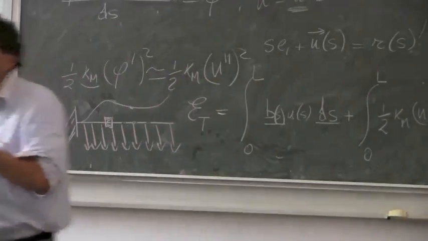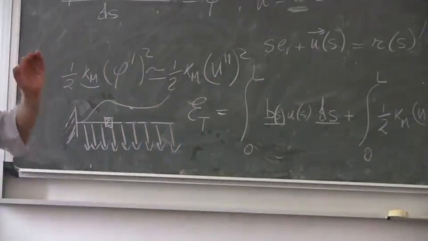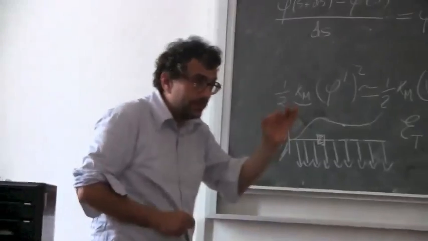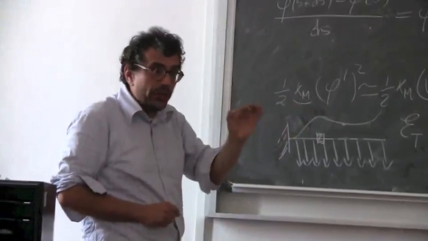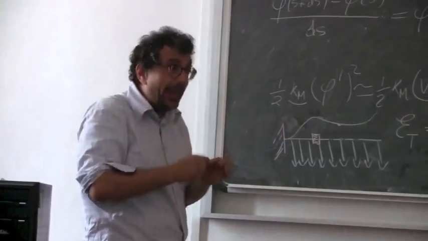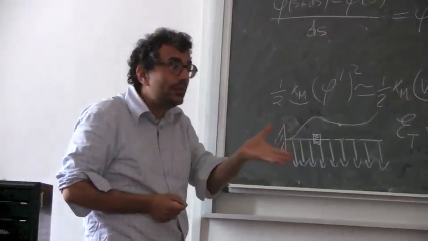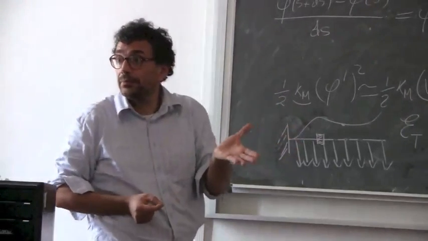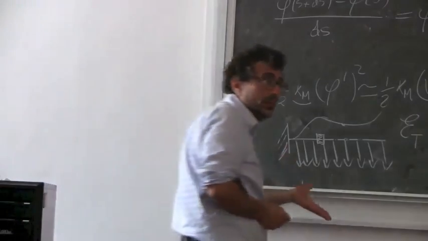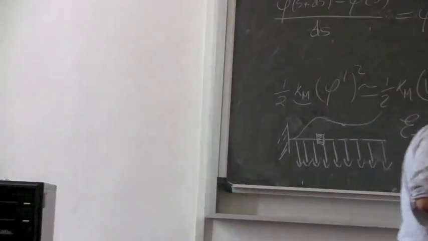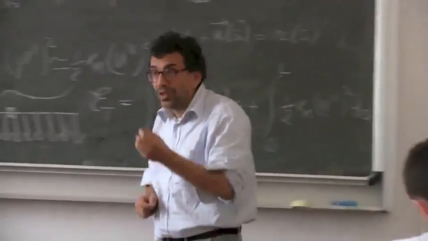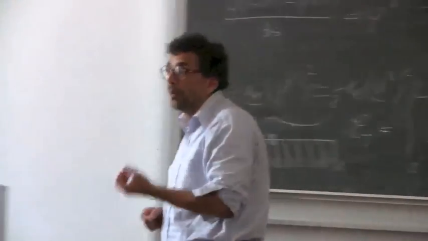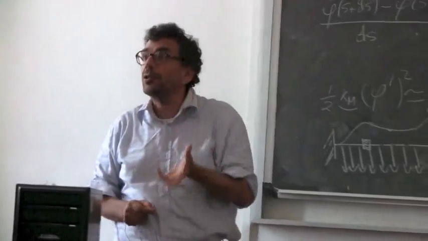Now, where is the mathematical problem? Given a perimeter, find the closed curve having maximum area. This is the Dido problem. This is the prototype of the problems of calculus of variations.